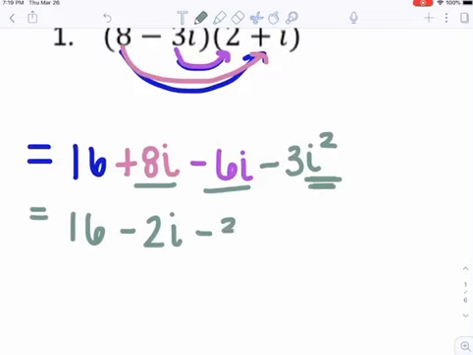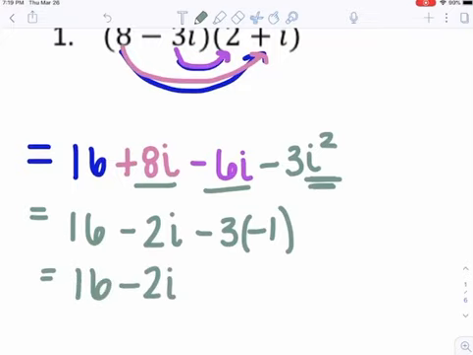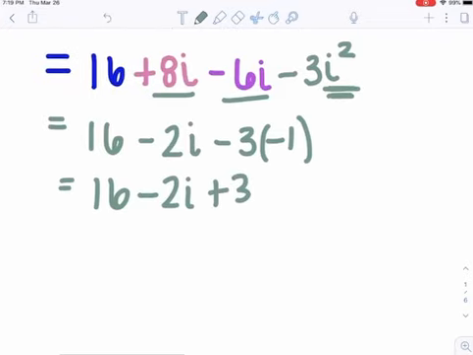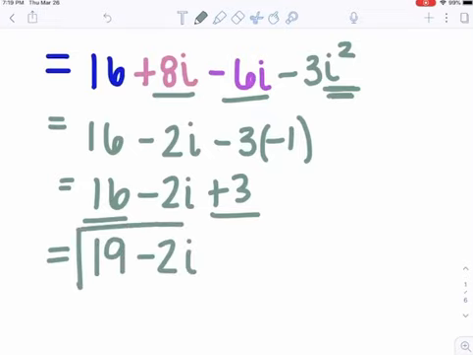So instead of i squared, I'm going to be writing negative 1. So I get 16 plus 2i, and negative 3 times negative 1 becomes positive 3. So now I have another pair of like terms, so I'm going to add 16 and 3. That becomes 19 plus 2i as my final answer.